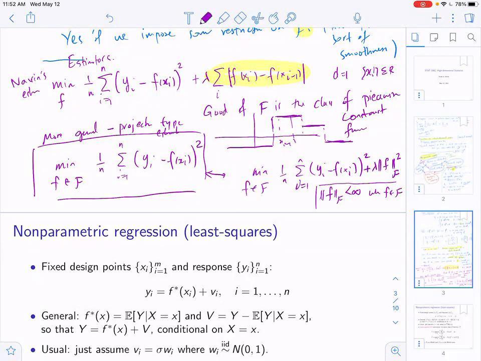And so when your class, for example, is piecewise constant, there could be some alpha here, some other power. You can think of this as an approximation of a norm in that class.